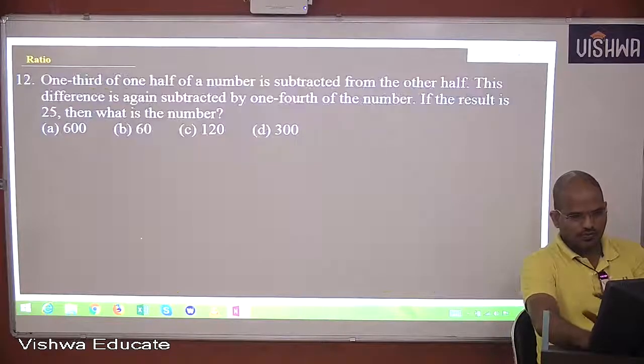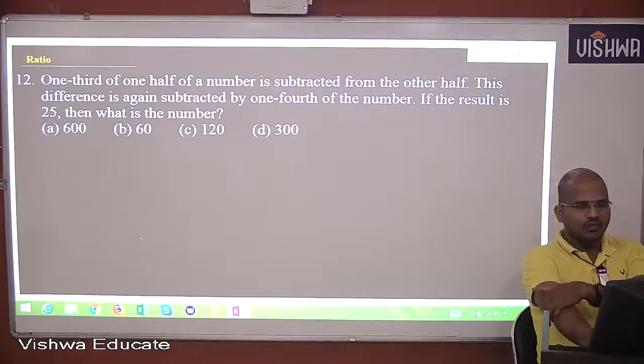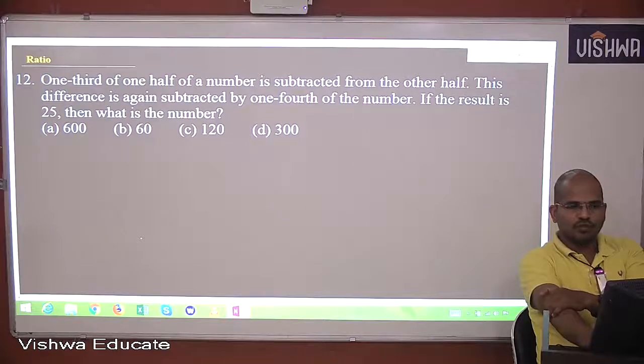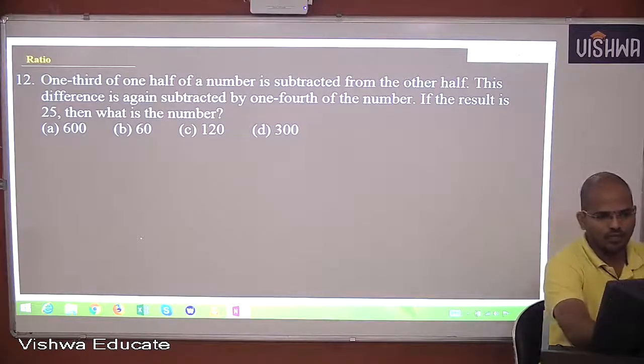One third of one half of a number is subtracted from the other half.